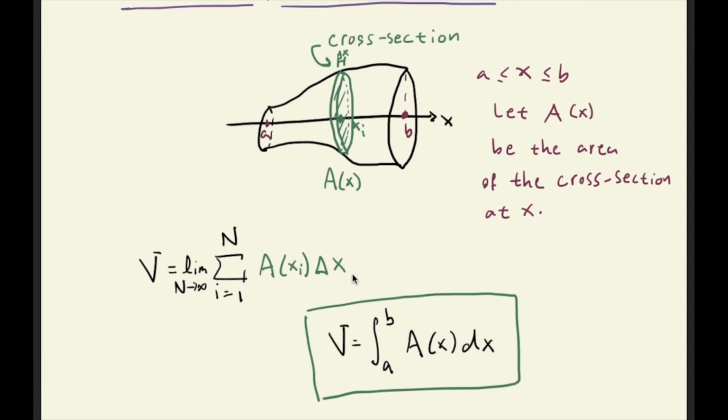You want to think of this formula as, for every value of x, you compute the cross section. You see the area of that cross section, A(x), and then this is like the volume of an infinitesimally thick cylinder. And you add all of these cross sections from a to b. That's what this integral symbol is doing.